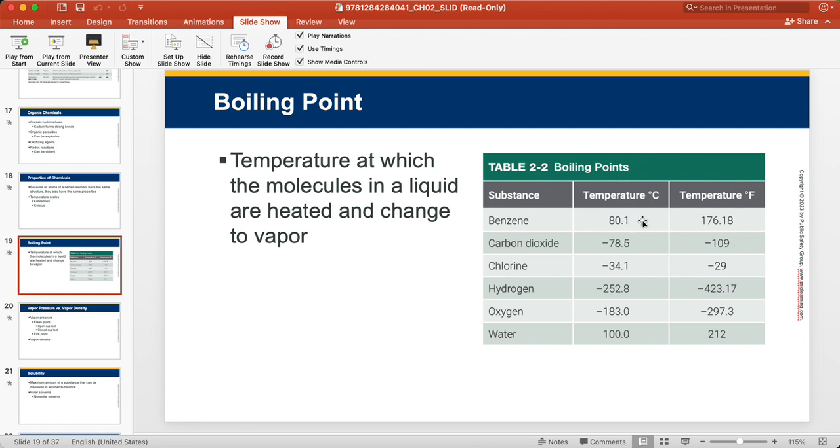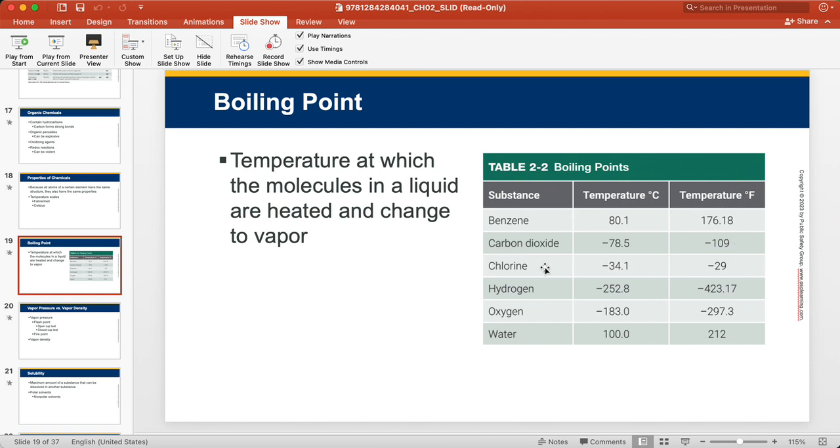Benzene, which is used in the manufacturing of diesel fuel and solvents and paint thinners and stuff, it has a boiling point of 176.18 degrees. So that's just not going to boil when you open up the lid. This carbon dioxide is going to immediately turn to gas when it's exposed to ambient air, unless it's at 109 degrees below 0, and then it'll stay a liquid.